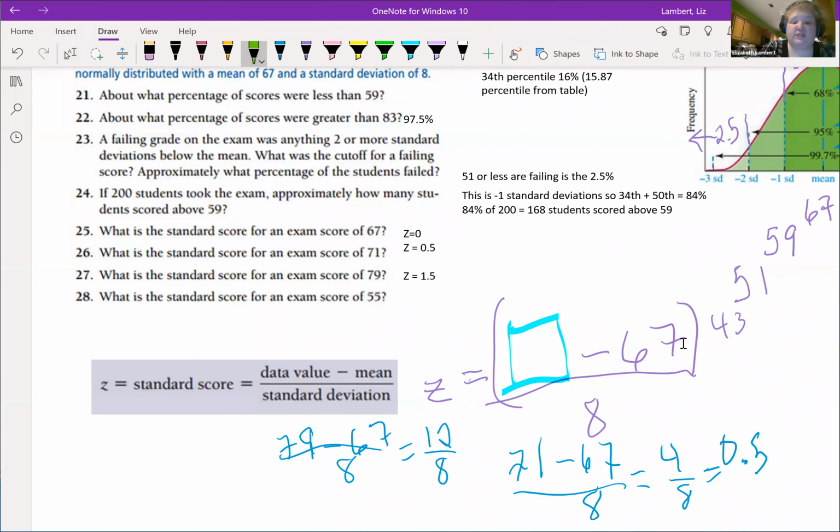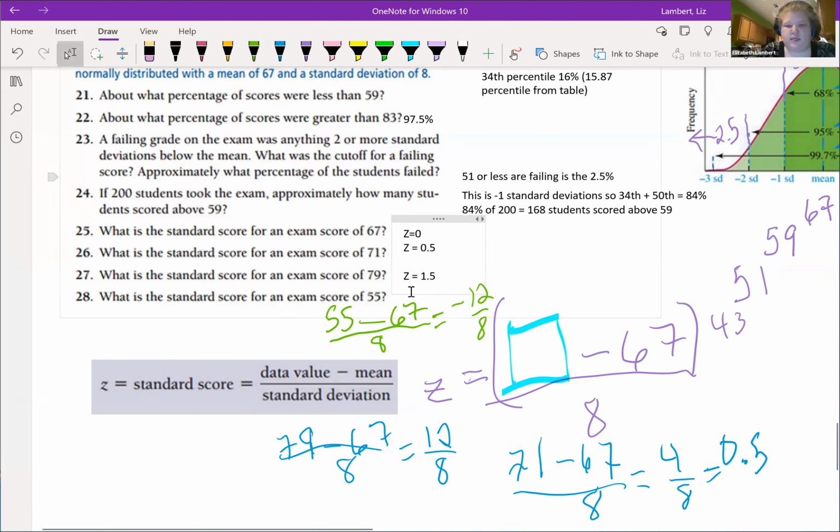So if I'm going to write this one down, my data value that they're asking me to figure out the standard score for is 55. So we're going to have 55 minus 67 all over 8. So 55 minus 67 is negative 12. So the 12 over 8 is still 1.5. It's just now we're going to get a negative.